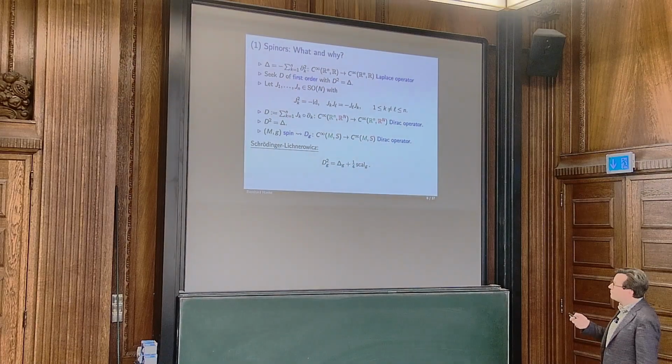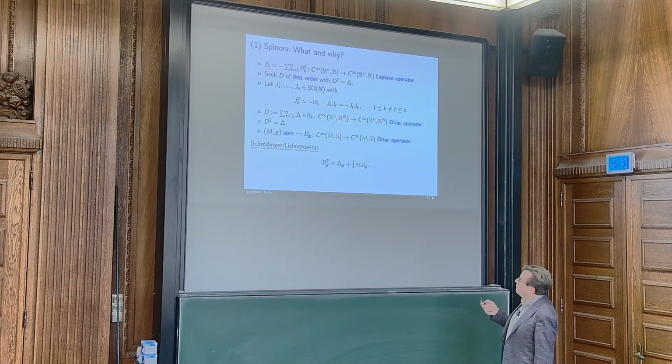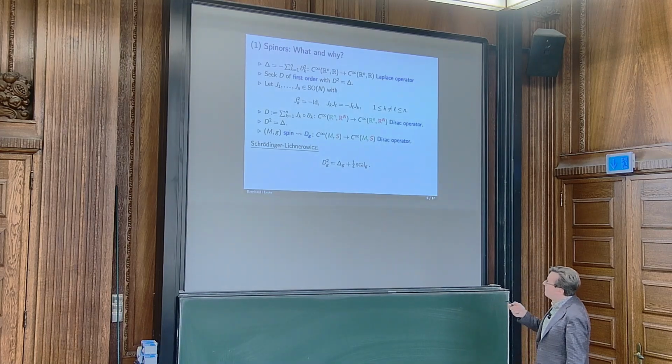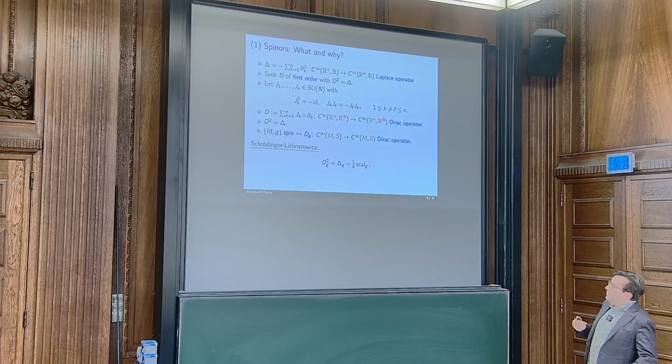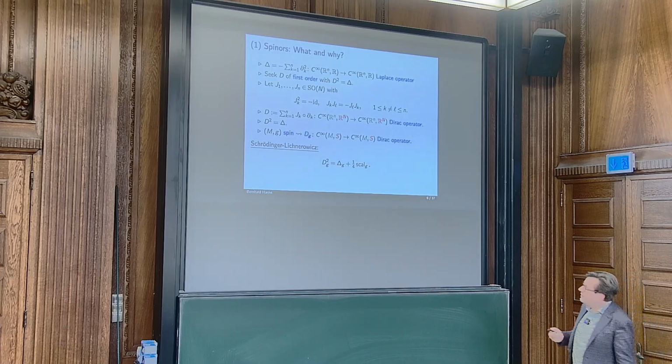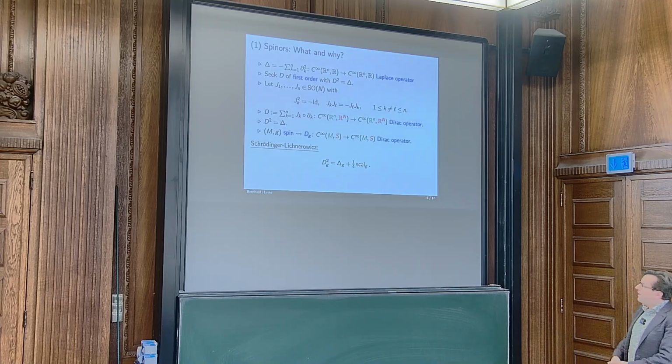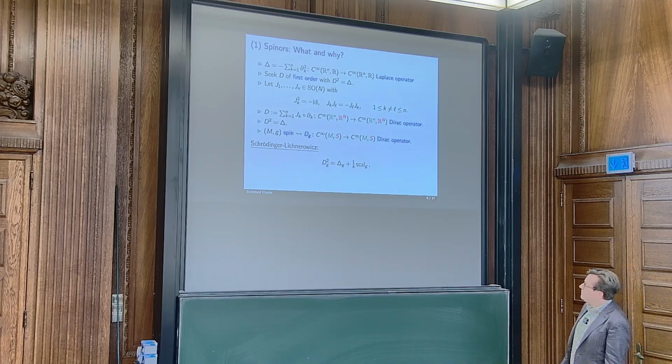If we look at smooth functions on R^n with values in R^N, then if we choose N appropriately, you will find matrices J_1 up to J_n, orthogonal matrices, orientation preserving, with two properties, namely the square of each matrix is -1 and the matrices anticommute.